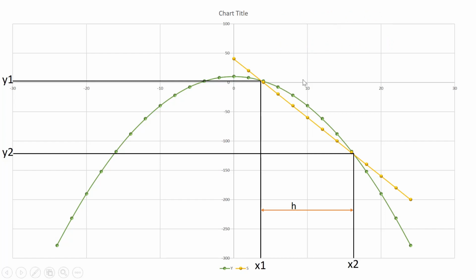Now, before we come to the formula, we want to observe something. As I asked earlier, how can we be sure that this straight line is actually going to be tangential to this particular point that we are interested in?